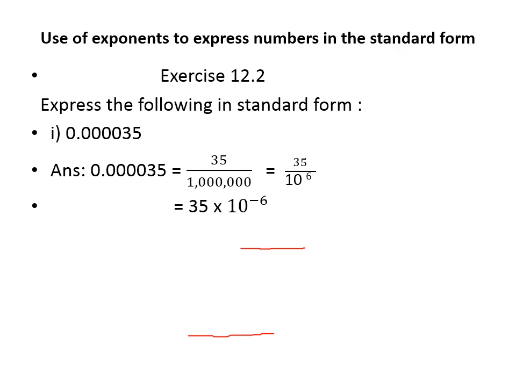So 10 raised to plus 6 becomes 35 into 10 raised to minus 6. 35 can be written as 3.5 into 10. So 10 can be written as 10 raised to 1 and into this 10 raised to minus 6 as it is. Now here you can see 10 raised to 1 into 10 raised to minus 6.